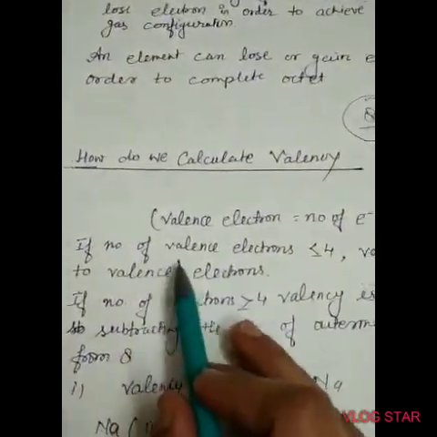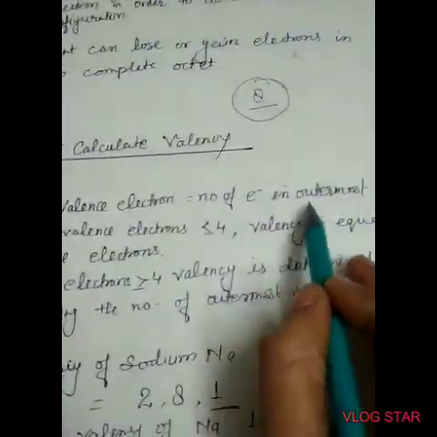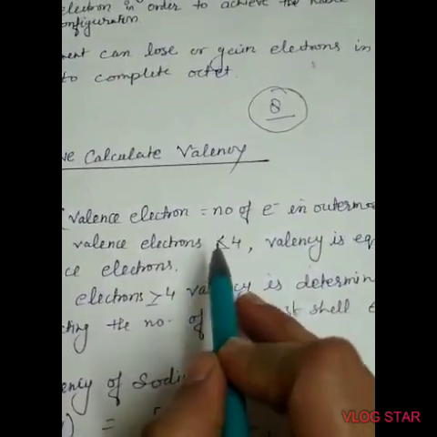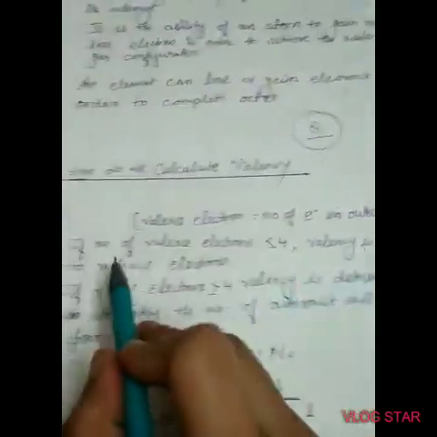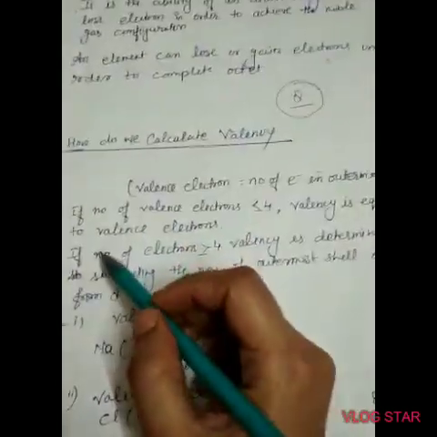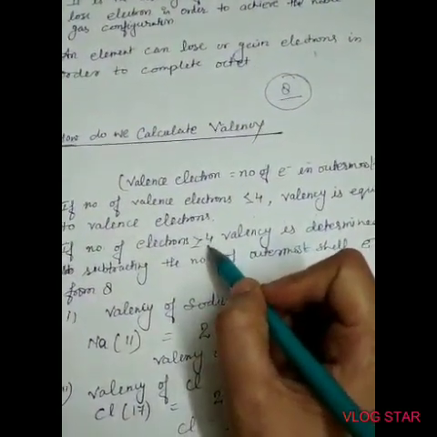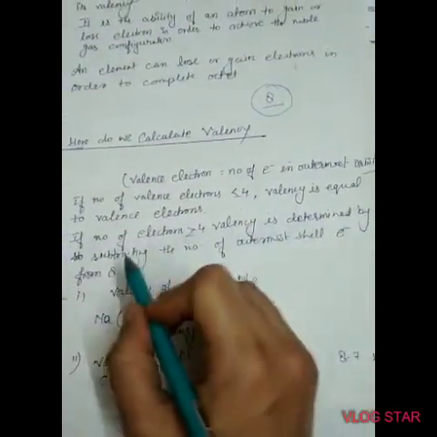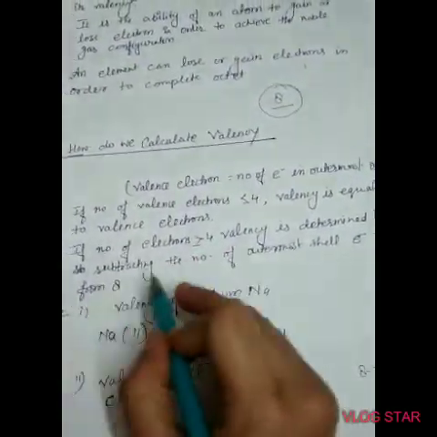If the number of valence electrons, meaning the number of electrons in the outermost orbit, is 4 or less than 4, valency is equal to the valence electrons. If the number of electrons is more than 4 or equal to 4, valency is determined by subtracting the number of outermost shell electrons from 8.